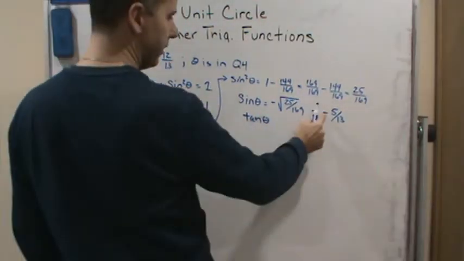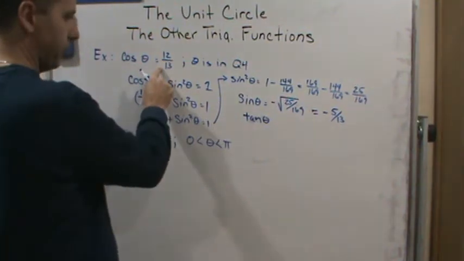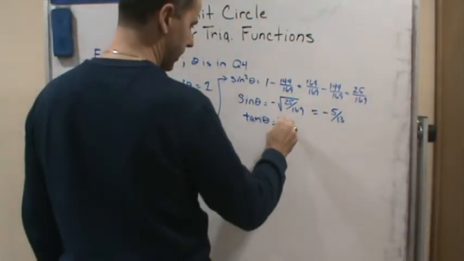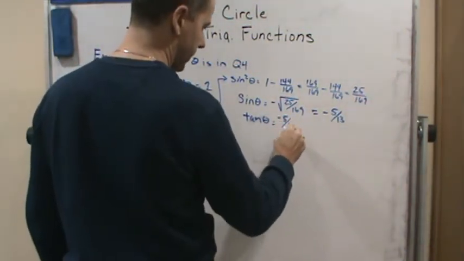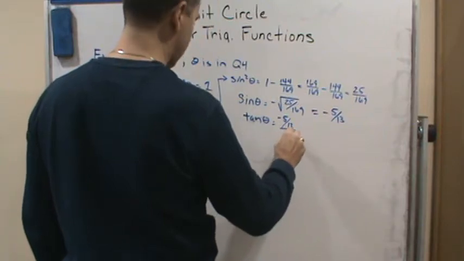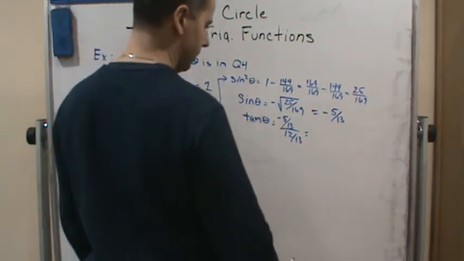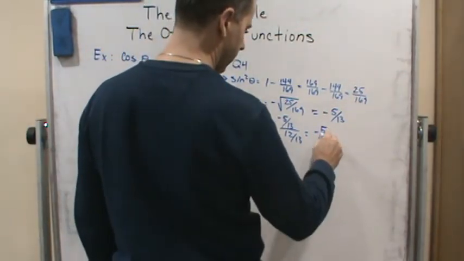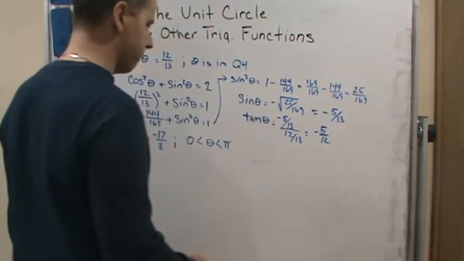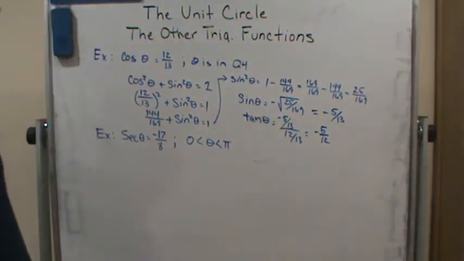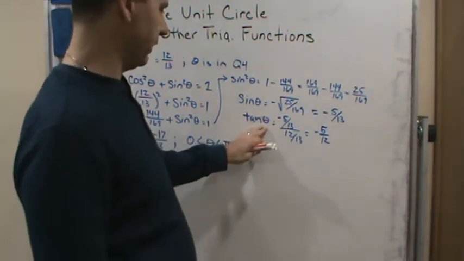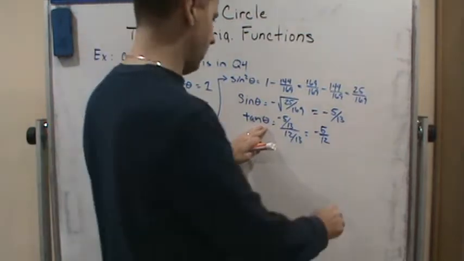So that's going to be negative 5/13 divided by 12/13, which is going to give me negative 5/12. And then, of course, cotangent is the reciprocal of this, so that'll give me negative 12/5, right?